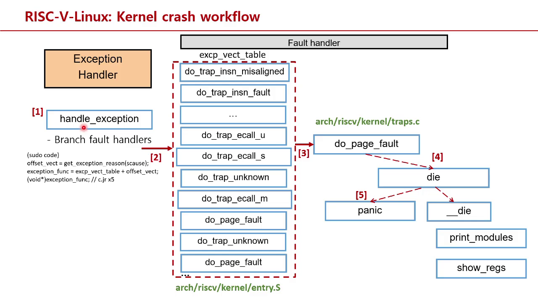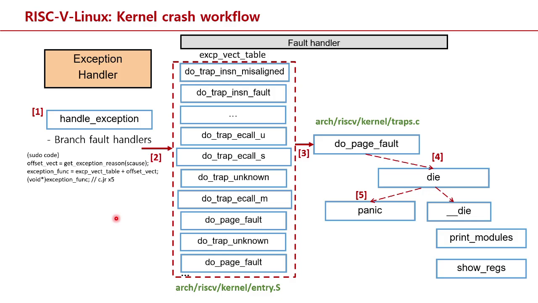What I mean is that whenever a trap occurs in your system, the program counter will jump to this address, because this is the trap handler in the Linux kernel. What that trap handler does is read the highest bit of the supervisor cause register.